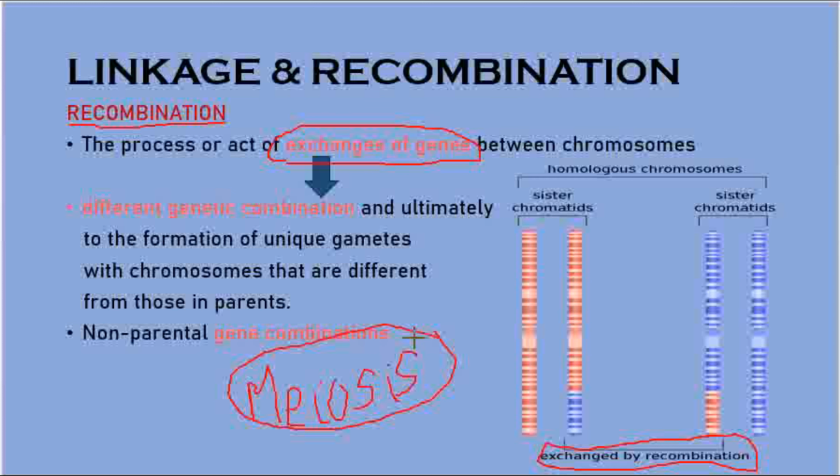These unique gametes are due to this recombination or crossing over. Without this event, you can't get a new trait or a new offspring with a different character. So this is a non-parental gene combination. A trait or character inherited from this recombined gene, you can't find in the parents. So it is a non-parental gene combination.